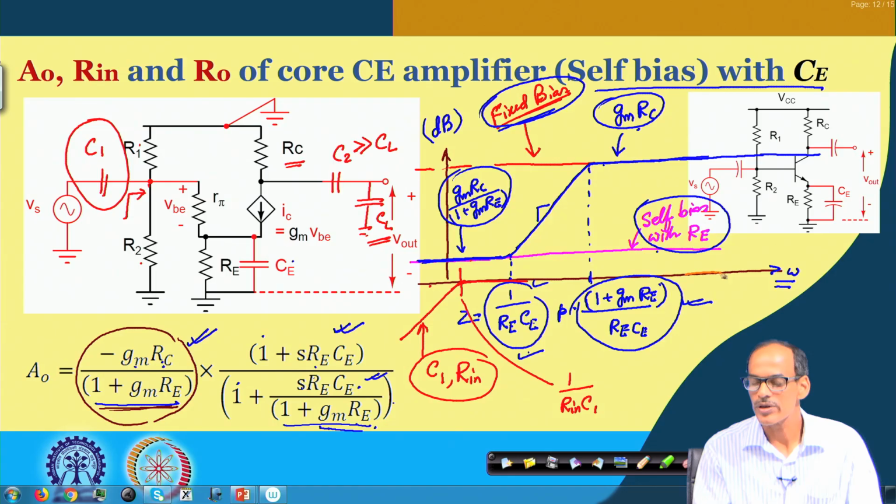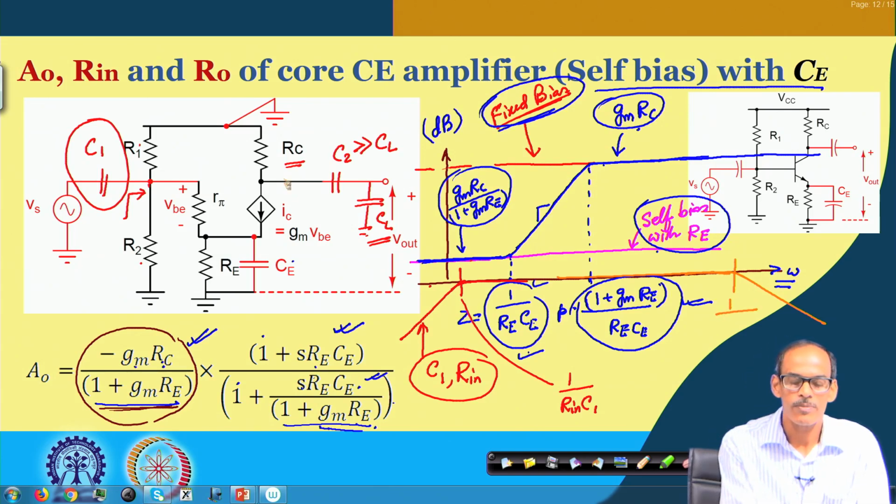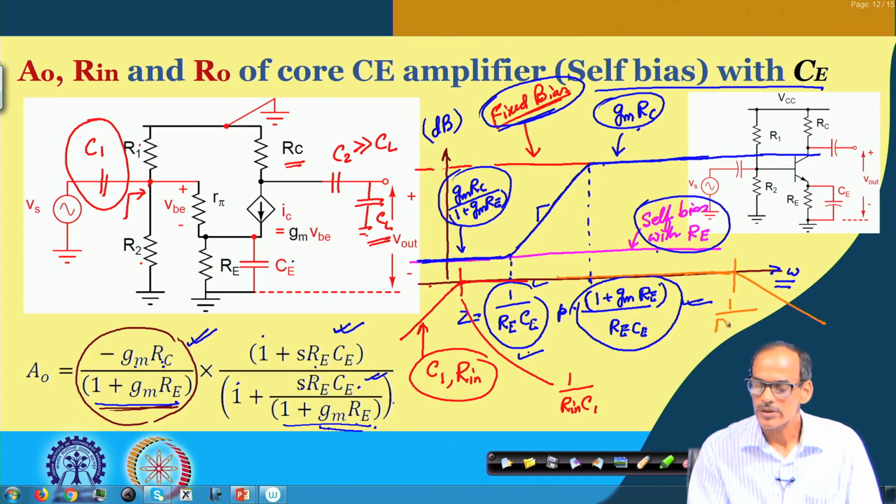It will be somewhere here. It has a low pass behavior, but its cutoff frequency is sufficiently high, and the cutoff frequency comes from R_C and C_L.